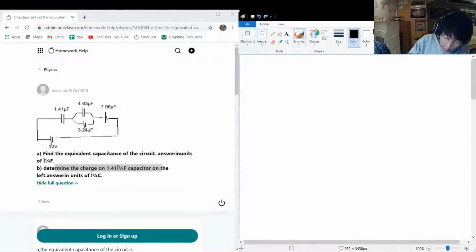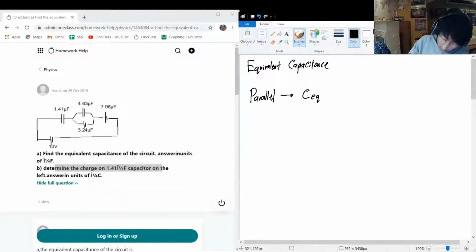There are a couple of rules for finding equivalent capacitance. In parallel, they're very easy. You just add them up normally. To write this formally, the equivalent capacitance is just the sum of the component capacitances.